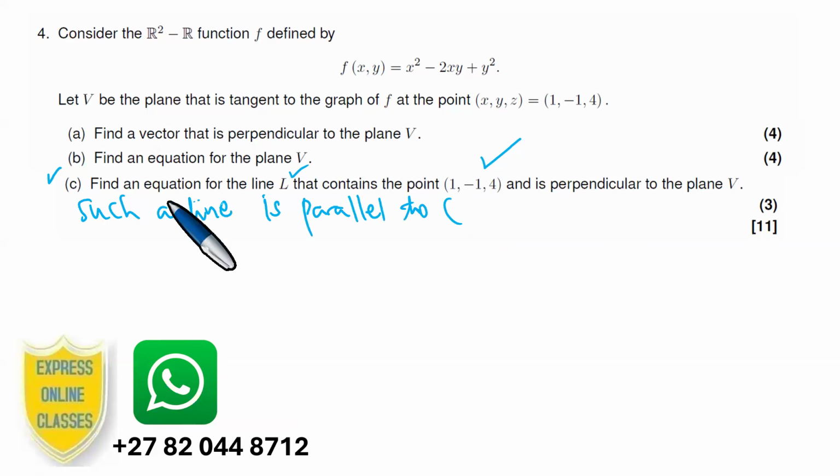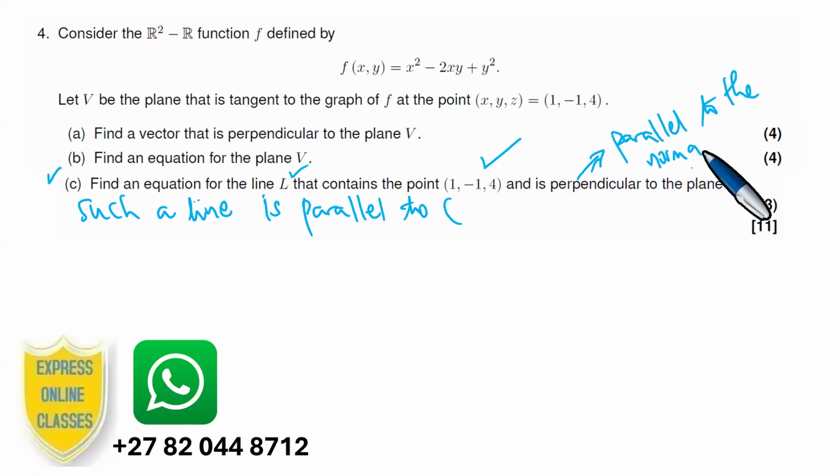If I find an equation for the line L that contains the point and is perpendicular to the plane, it means it's parallel to the normal. Perpendicular to the plane implies that it is parallel to the normal. It's parallel to (4, -4, -1).